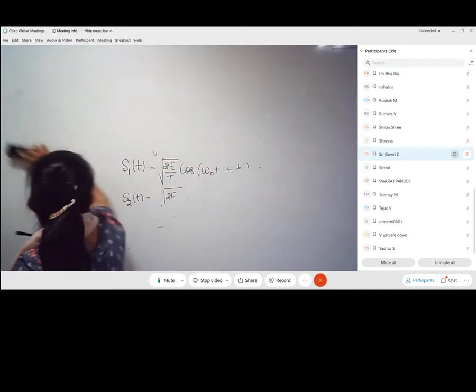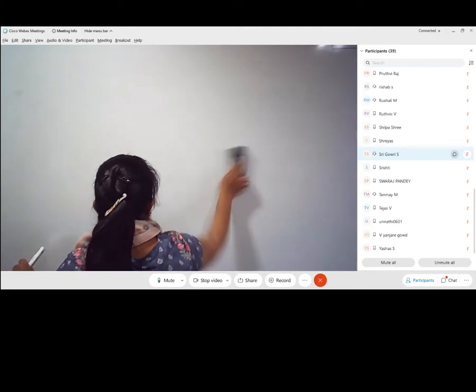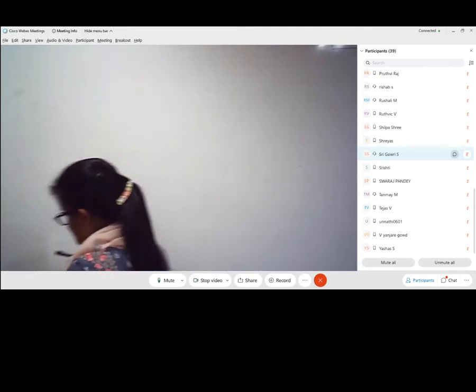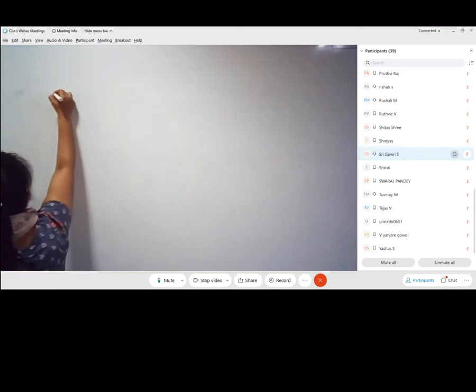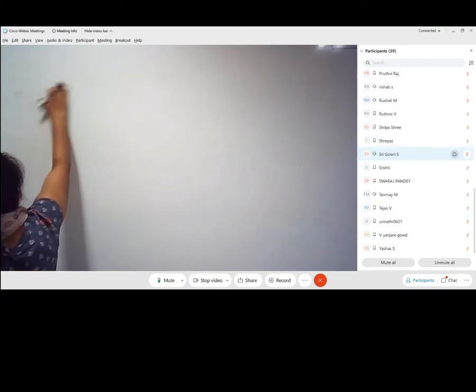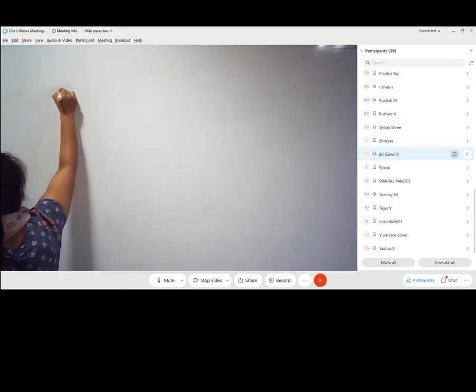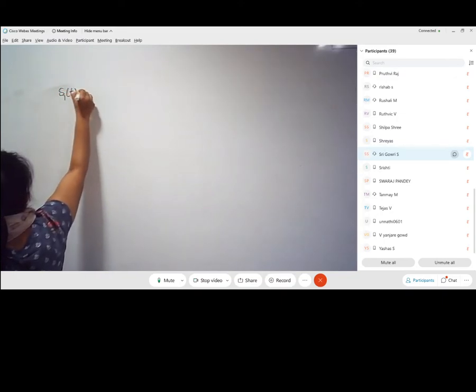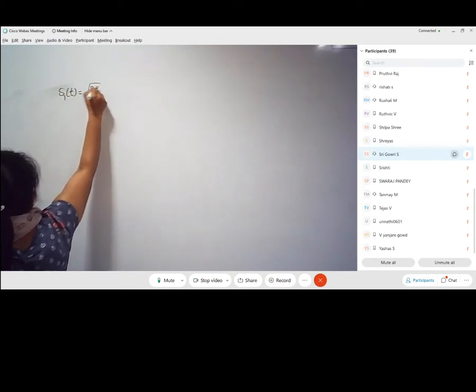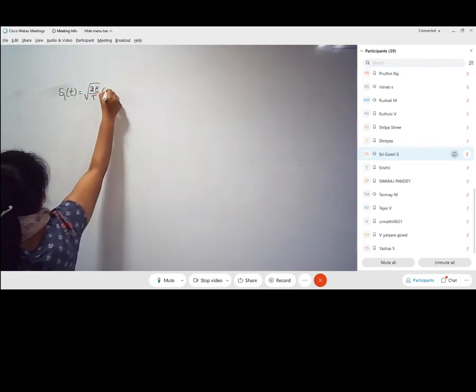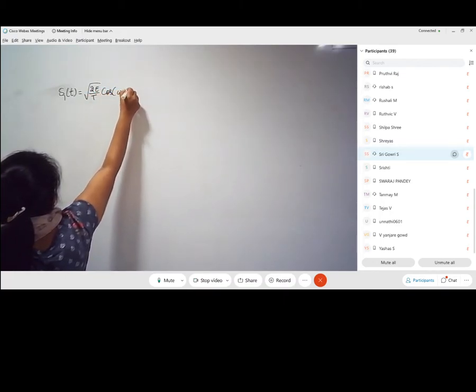Now let us assume that the symbol that I am transmitting is sent across. S1 will be root 2E by T into cos omega naught t.